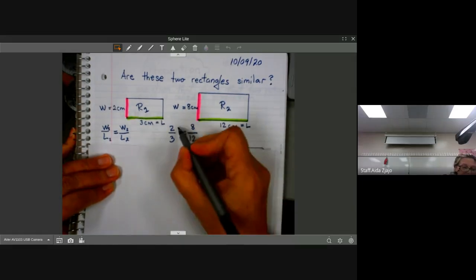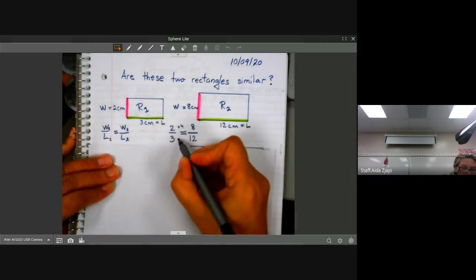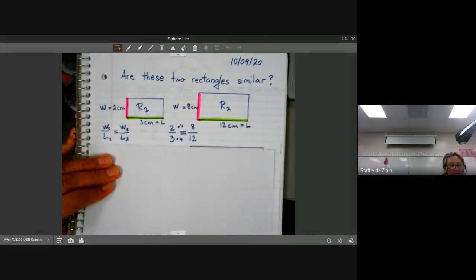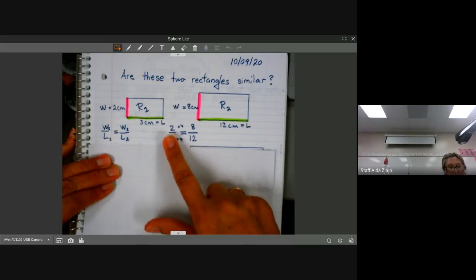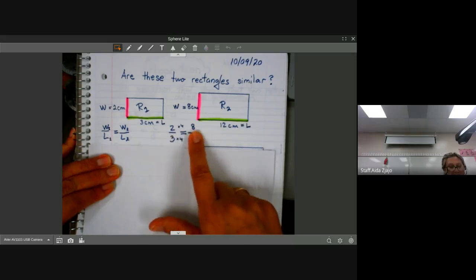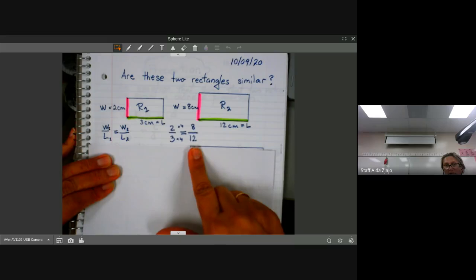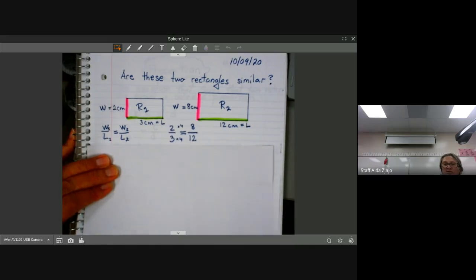So I multiply by 4 and it is the same for both. That tells me right away that these rectangles are similar, because 2 times 4 is 8, and 3 times 4 is 12. So they are growing proportionally, and they are similar rectangles.